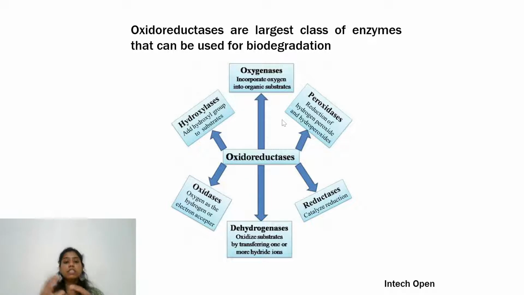These are all just different things that have to do with oxidation and reduction reactions. It is either one or a combination of one or two of the oxidation and reduction in various ways. And how many units of oxygen is added or how many units of hydrogen is removed and so on will determine what class of enzymes are required for that particular process. But the most important thing to note is that oxidoreductases are the largest class of enzymes that we'll often encounter in any biodegradation process.